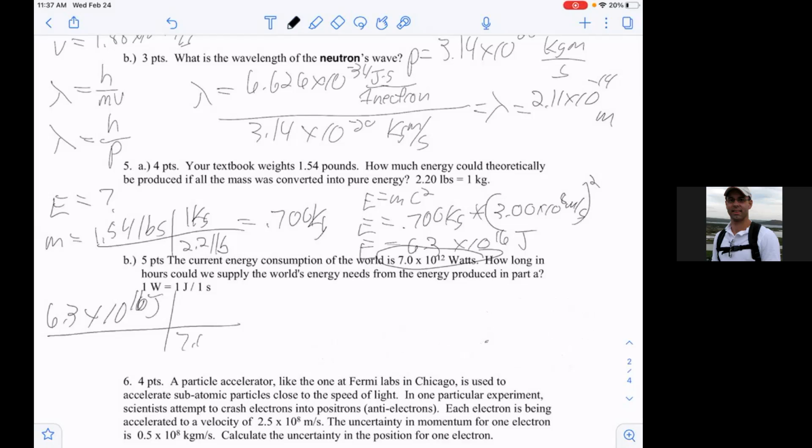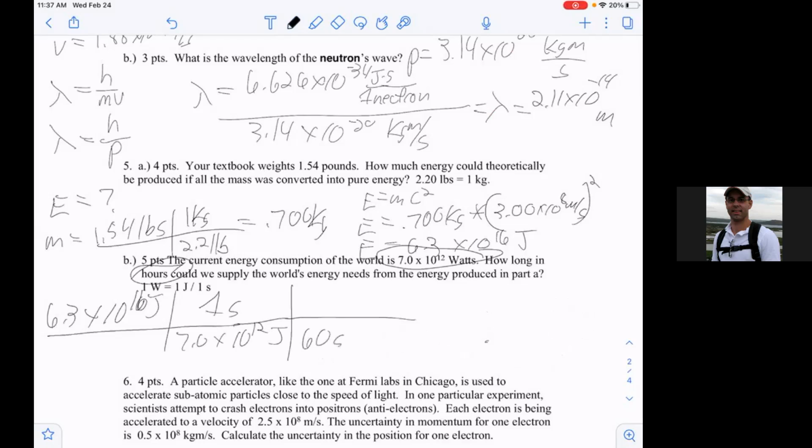So I have to divide by my wattage because I'm using that many joules every second. Now, what does the problem ask for? Hours.